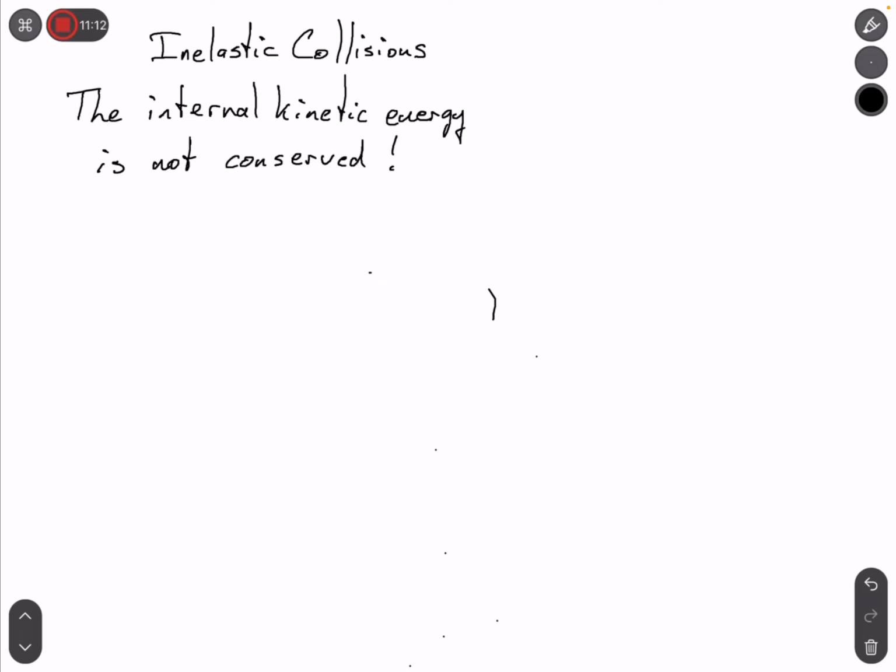Okay, not conserved. So IKE initial does not equal IKE final for inelastic collisions.